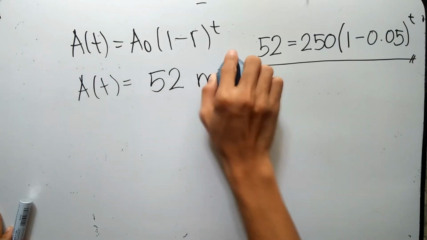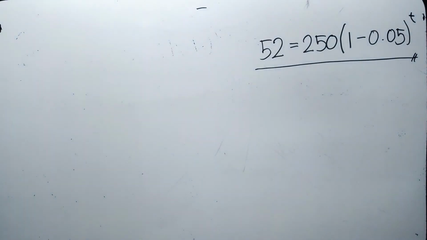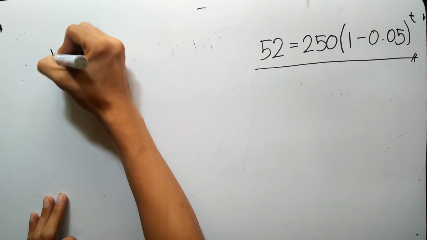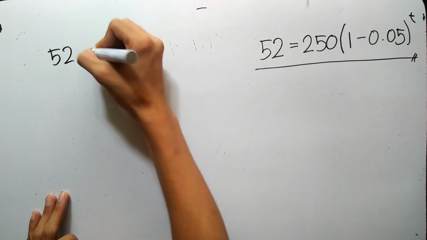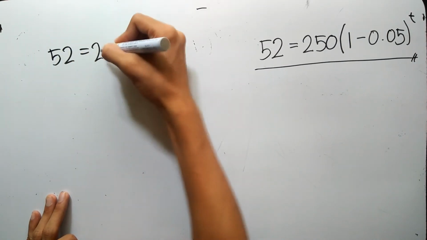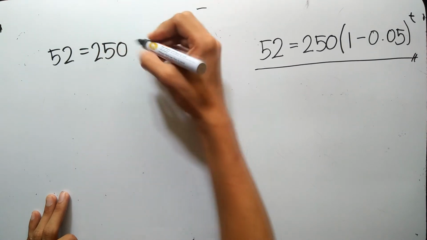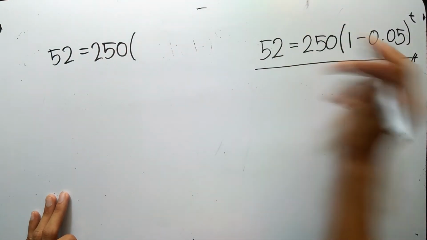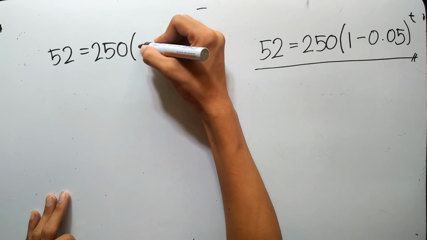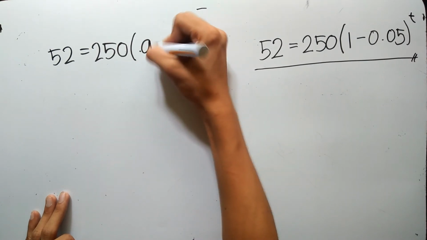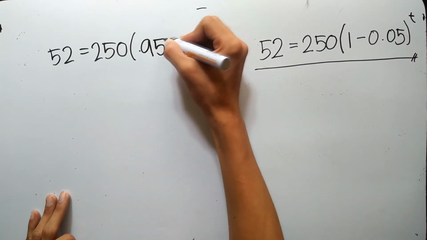And now we will solve for the value of t. So 52 equals 250 times 1 minus 0.05, which is 0.95, to the power of t.